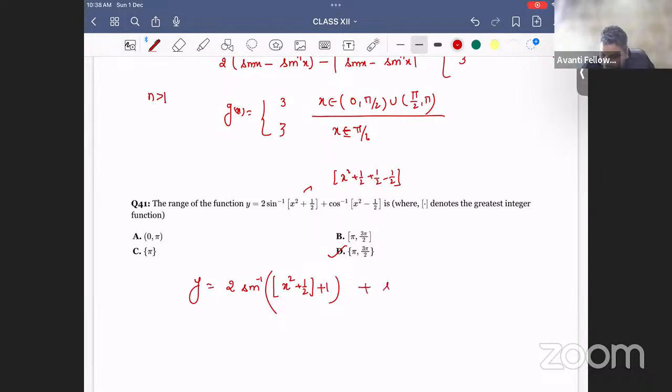And plus sine inverse of greatest integer, this will be minus 1 by 2, cos inverse of the greatest integer of (x square minus 1) by 2. Correct? So if I assume this greatest integer of (x square minus 1) by 2 is alpha, it is 2 sine inverse alpha plus 1 plus cos inverse alpha. Am I correct?